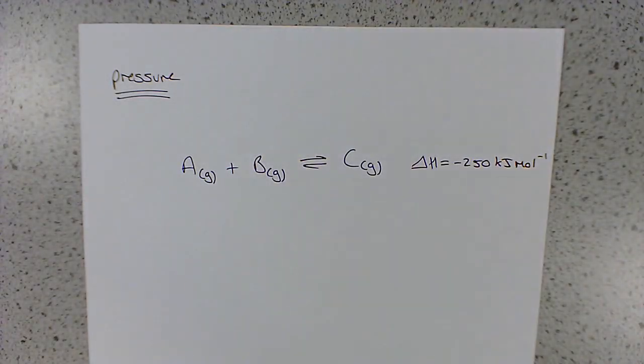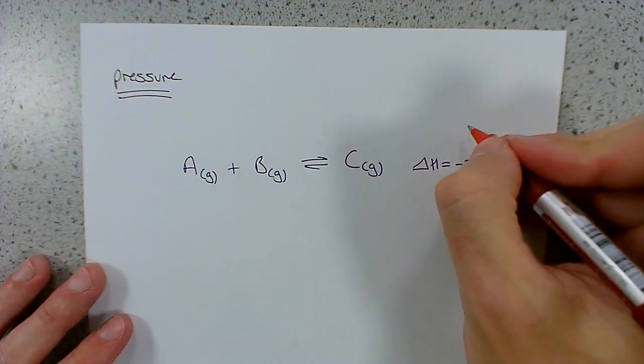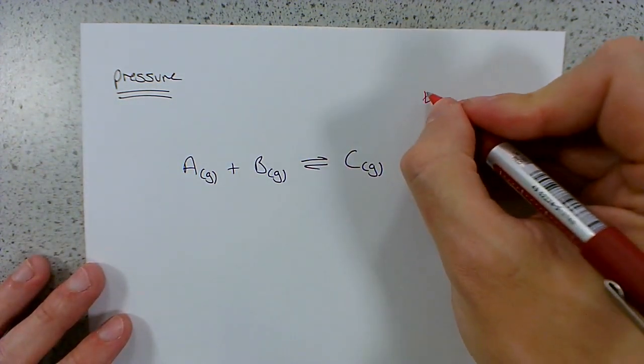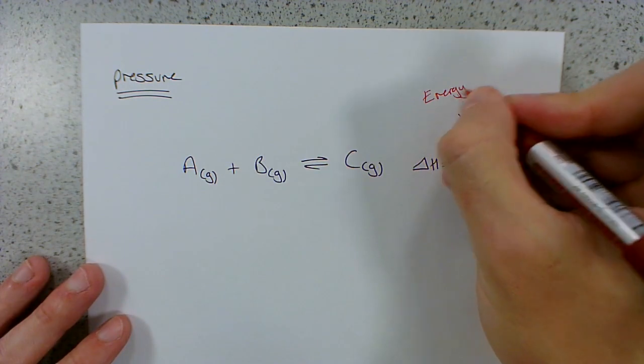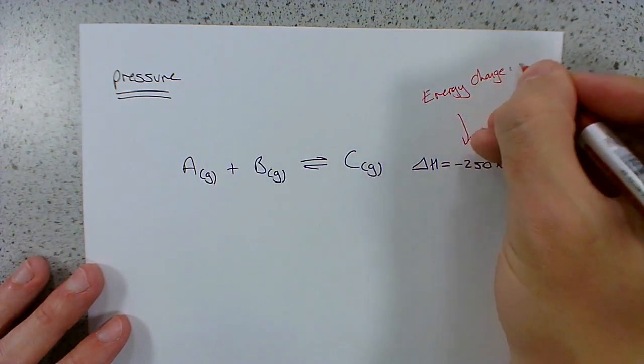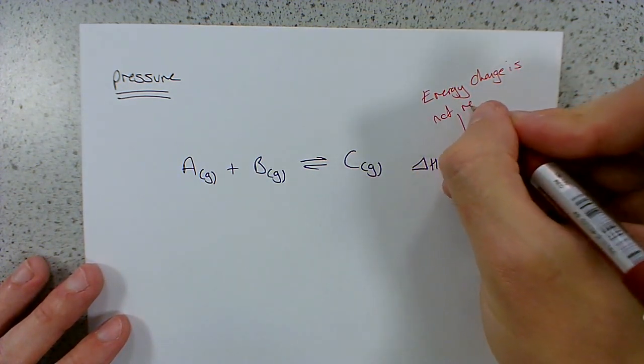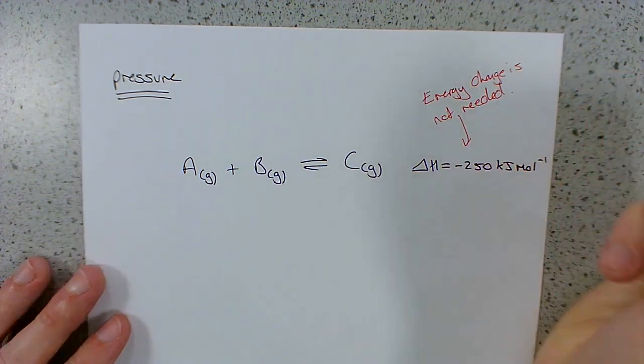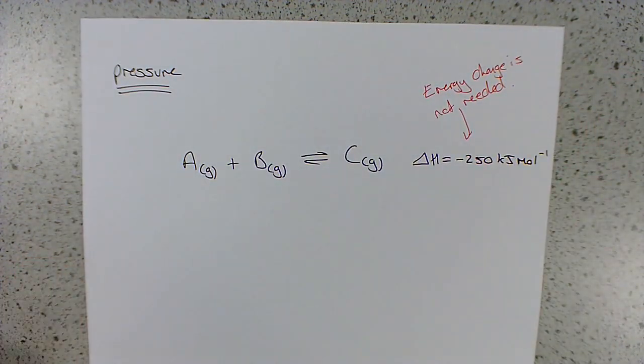When it comes to the effect of changing pressure, again, energy change is not needed. When we are talking about pressure, all we need is to see the proportion of molecules of gases on each side.